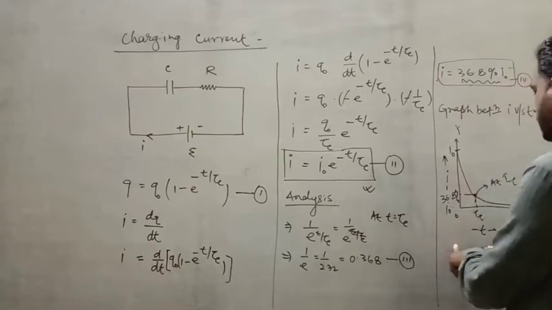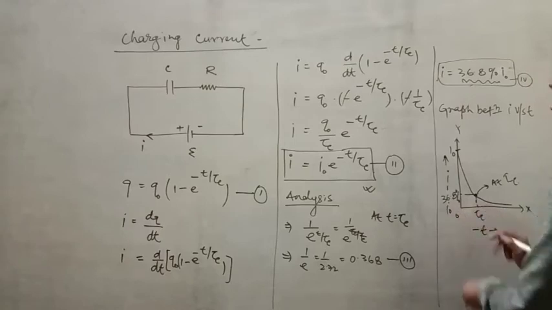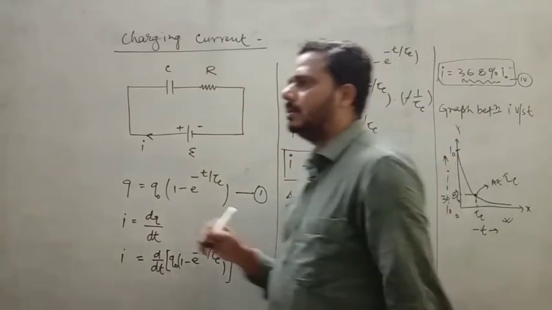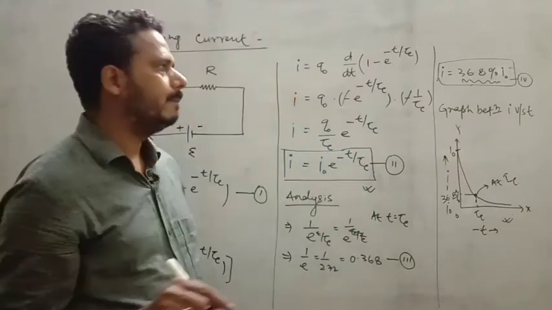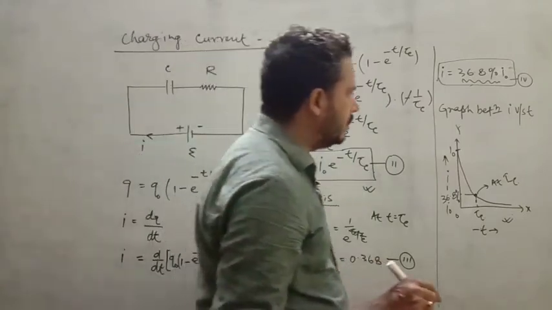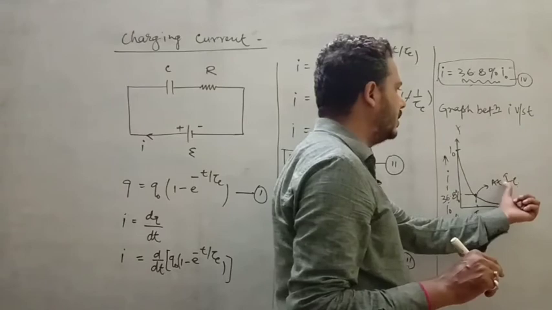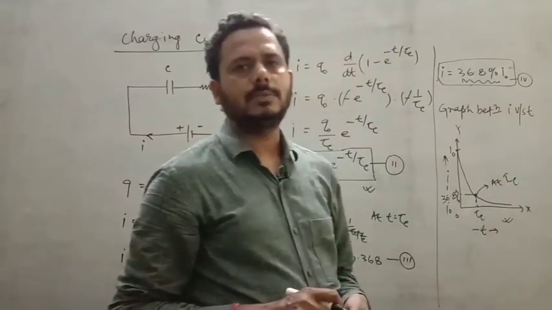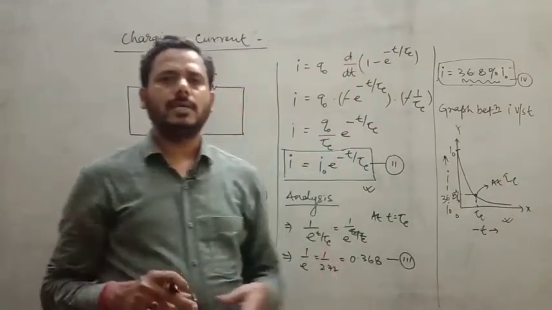Alright, 36.8% of I naught here you will get. So you are seeing that this decreases exponentially up to infinite, but we have calculated this much current at given time tau c in this CR circuit.